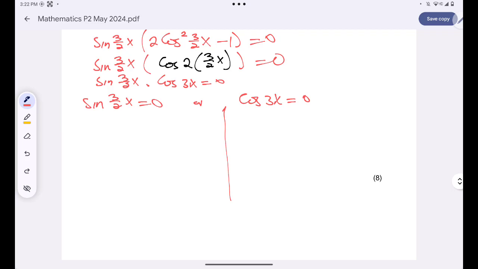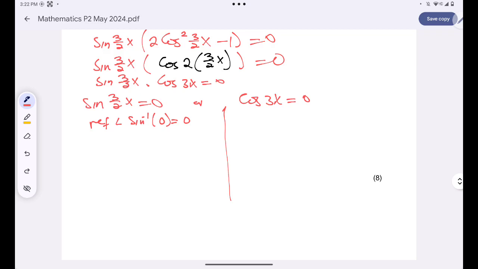Firstly, I need to find the reference angle. So when I say reference angle of sine inverse 0, I'll get 0 degrees. Are you together? And I know that 0 is just a number which is positive, so I must express my reference angle where sine is positive.